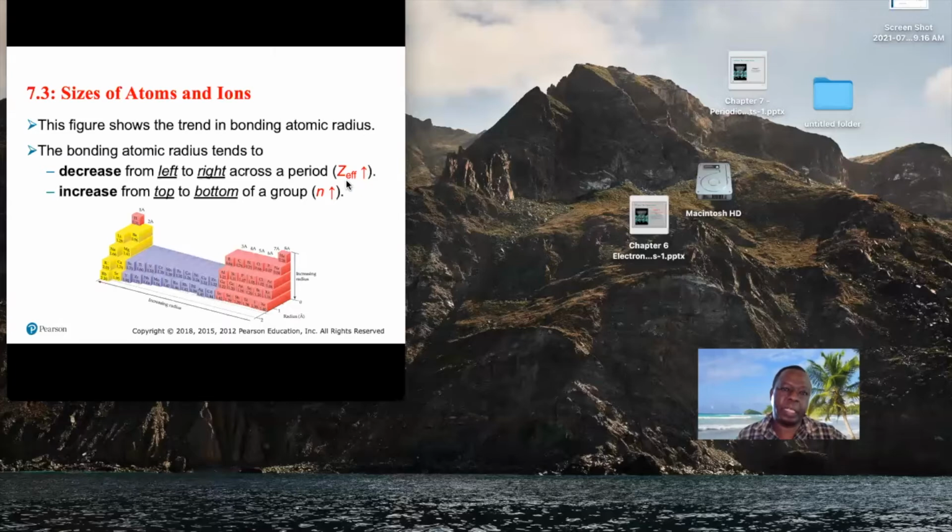Because of this Z effective, remember the positive charge, because you are increasing the nuclear charge, the number of protons, and the number of electrons, if you have a large number of protons in the nucleus and electrons outside, they tend to shrink the atoms. Likewise, as you go down, n increases, what this means is the number of what?